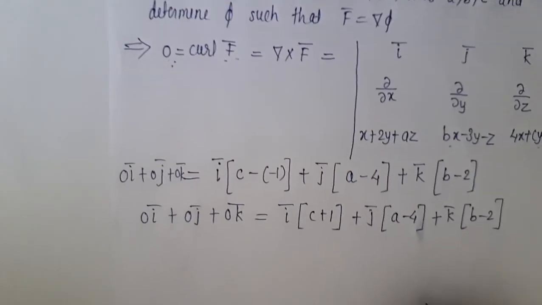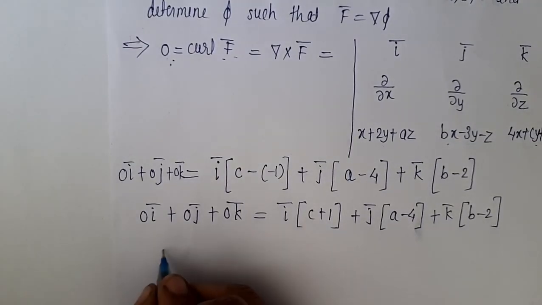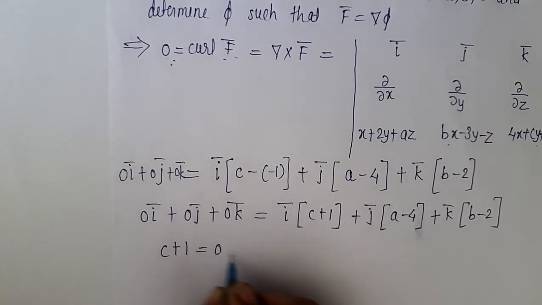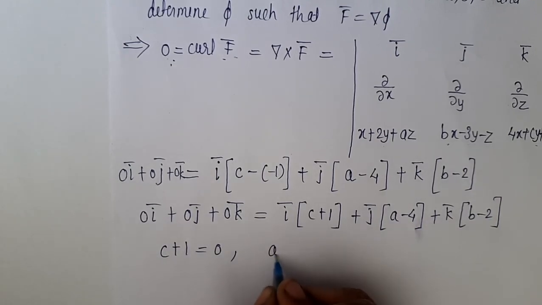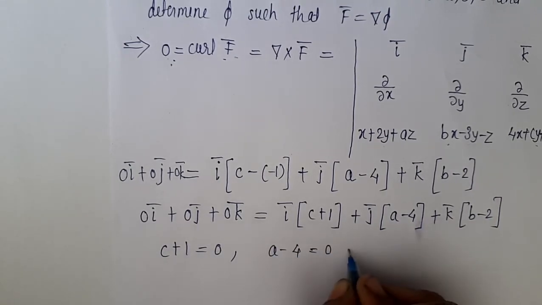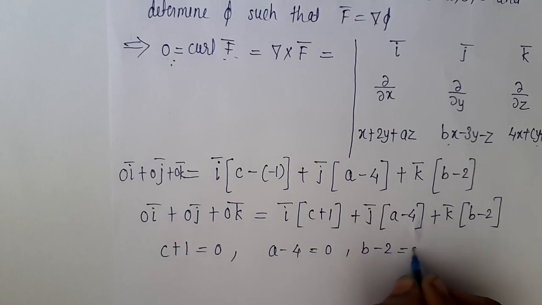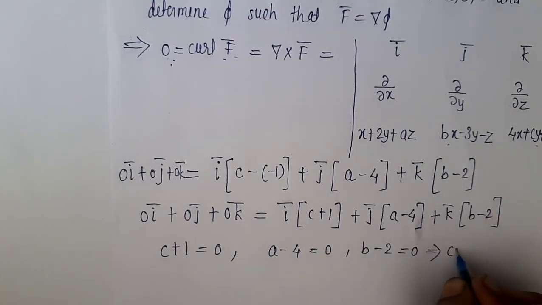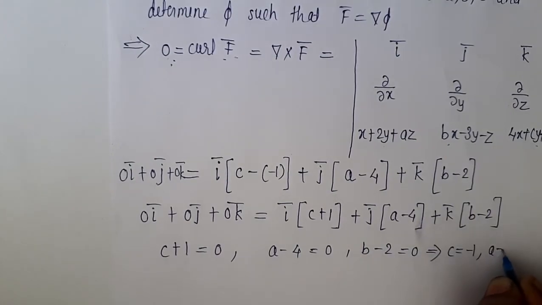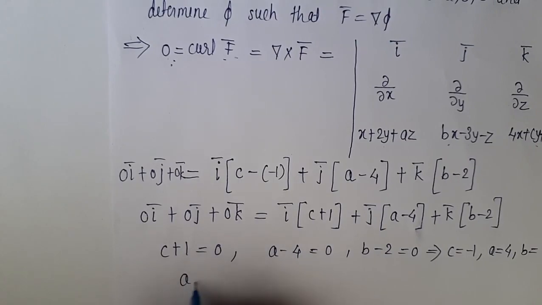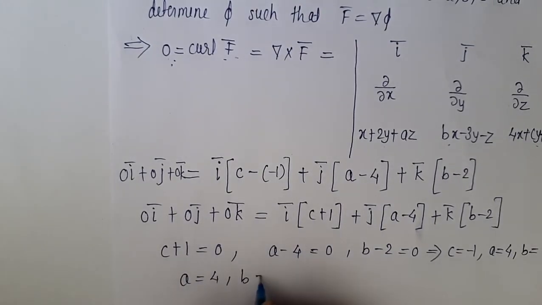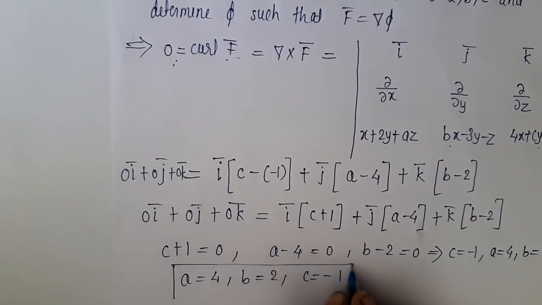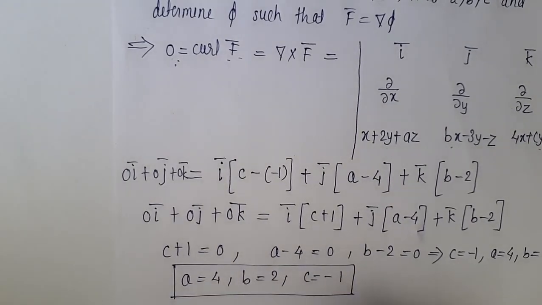Now equating both the sides, c plus 1 is equal to 0, then a minus 4 is equal to 0 and b minus 2 is equal to 0. So what we get? c is equal to minus 1, a is equal to 4 and b is equal to 2. So a is equal to 4, b is equal to 2 and c is equal to minus 1. These are the values of a, b and c.